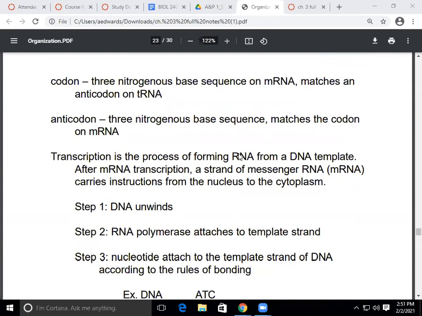So, codons. A codon is a 3 nitrogenous base sequence in your mRNA, and it's going to match up with an anticodon in your tRNA. These are all codons, 3 nitrogenous base sequences, in the mRNA. In the DNA, we call these triplets.